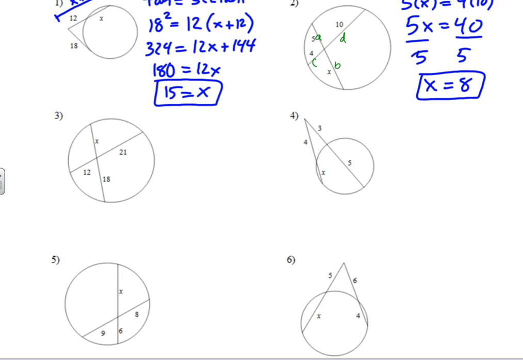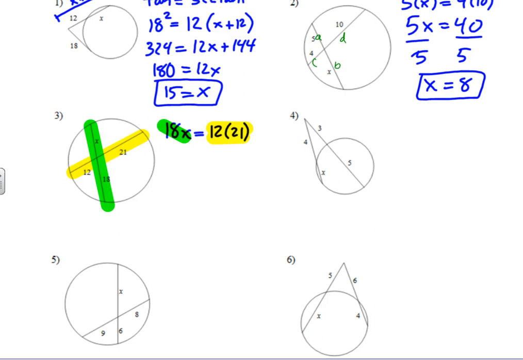So number 3, same thing. We've got interior, we've got chords. So we're just going to multiply 18 times x equals 12 times 21. Again, the key to this is that the lengths are on the same chord that you're multiplying together. So you'll notice that these ones are here and these ones are over here.